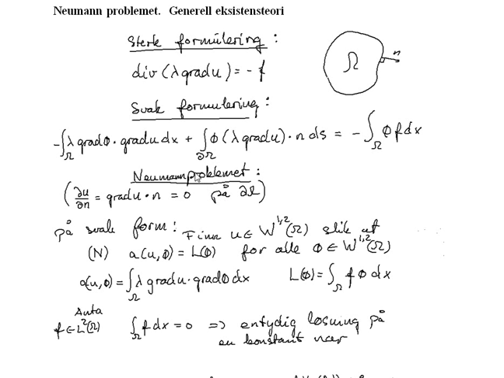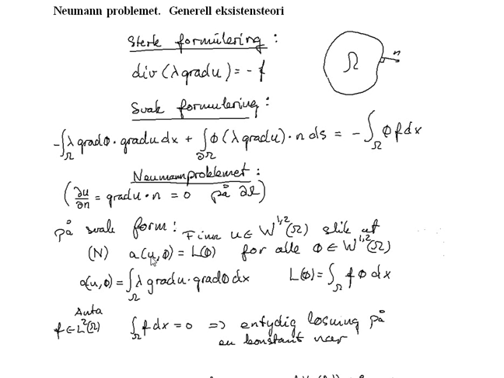So we get exactly the same formulation of the Neumann problem as for the Dirichlet problem, with the only difference that these test functions phi should no longer be members of the subspace W0. They should be members of the whole space W1,2.